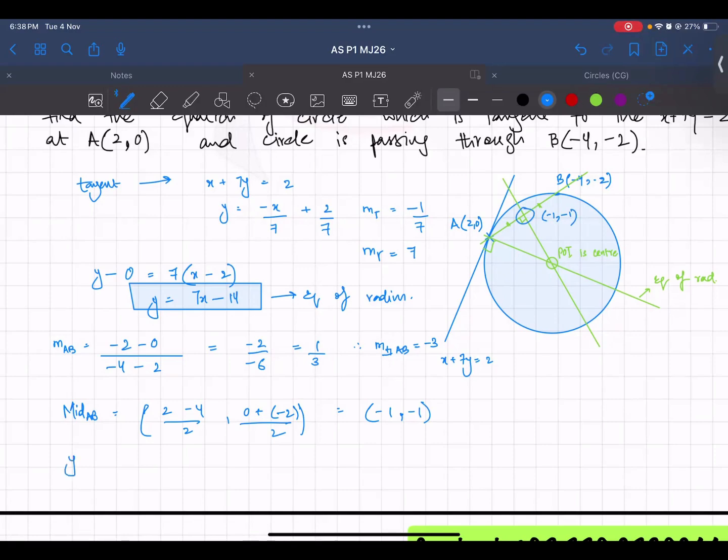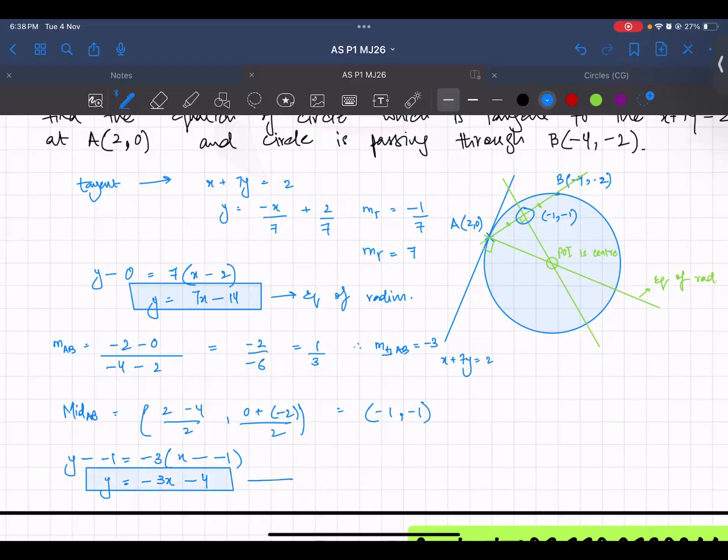Now y minus minus 1 is equal to m times x minus minus 1. So y is equal to minus 3x minus 3 minus 1, which is minus 4. So this is the equation of the perpendicular bisector of the chord.